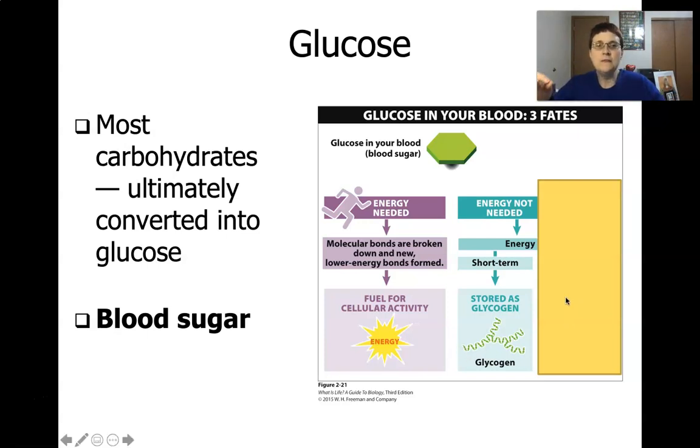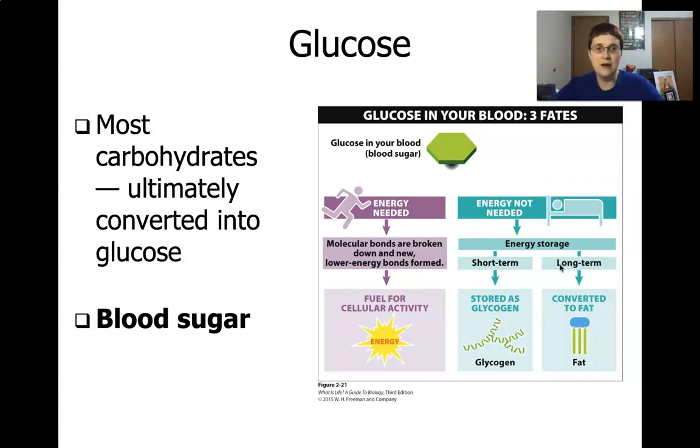However, if your short-term storage doesn't get used up, or you have a lot of extra glucose hanging around, it's going to get converted into another macromolecule altogether. It's going to get converted into a fat, which belongs to the lipid group we'll talk about later on.